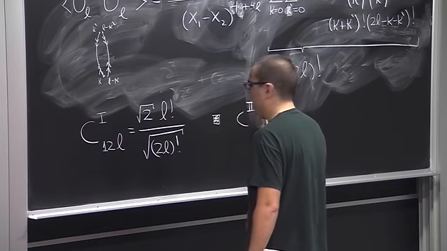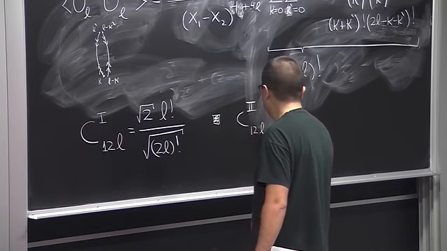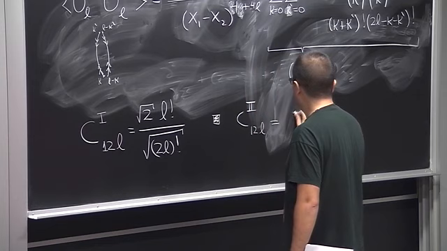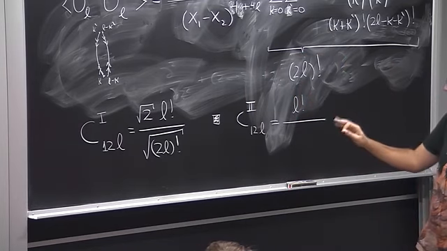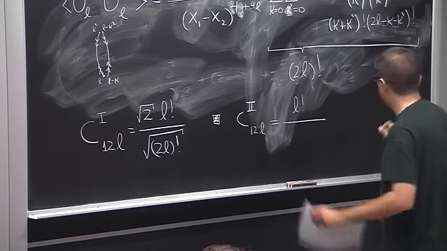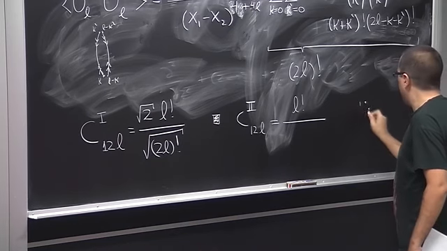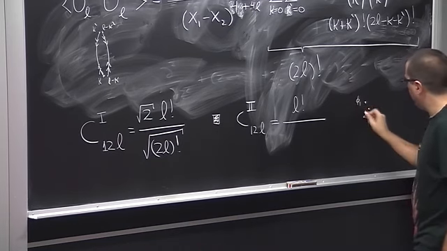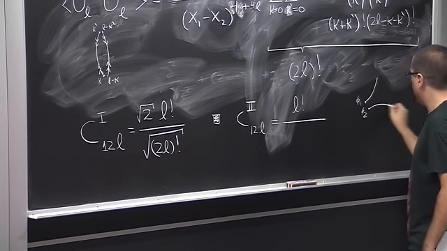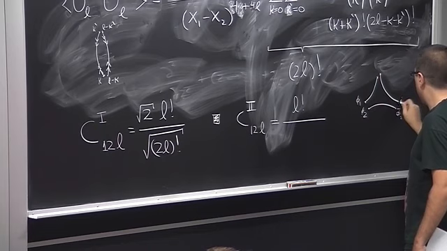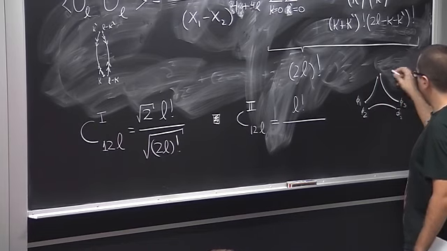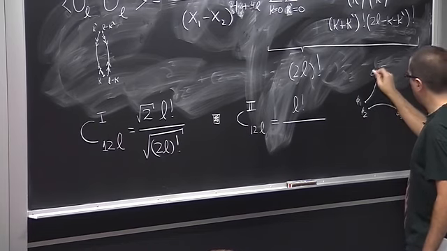The correlation function of type 2, between two trivial operators and one operator of spin L, would give L factorial. Here there's no factor of 2 because, let me draw the picture, you would have operator phi 1, operator phi 2, and there would be no option in the way you would contract them. Here you have phi 2 bar, let's say phi 3 bar, phi 1 bar.